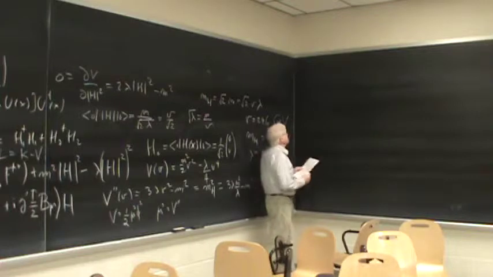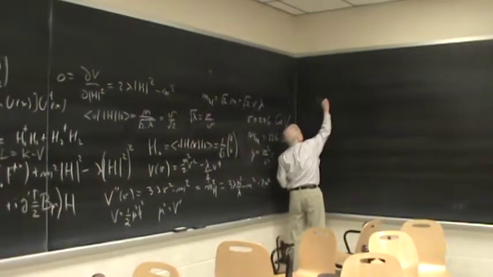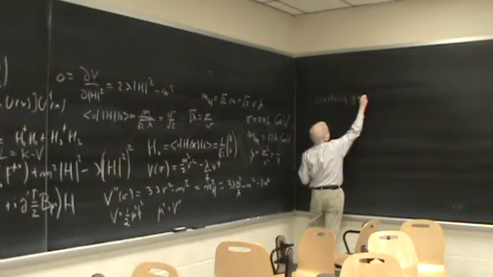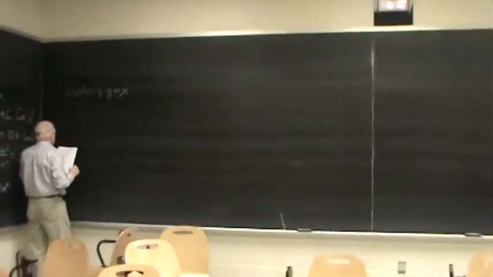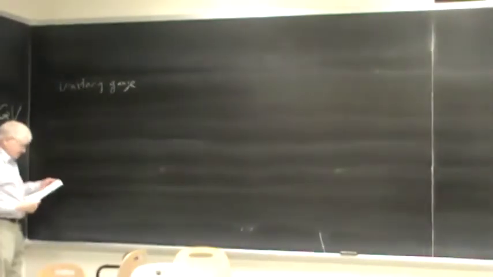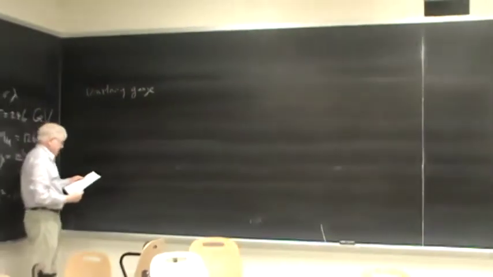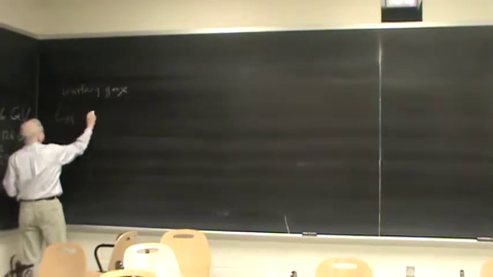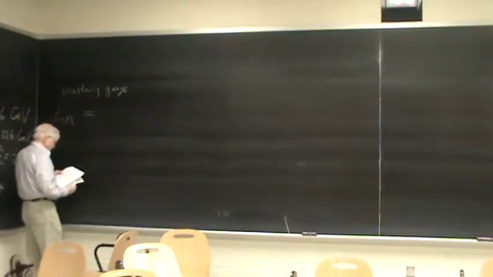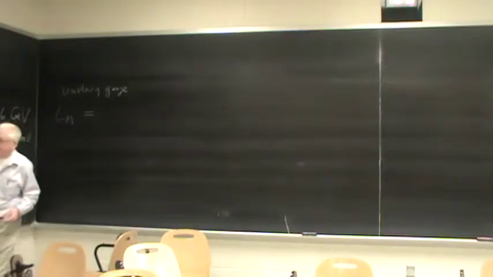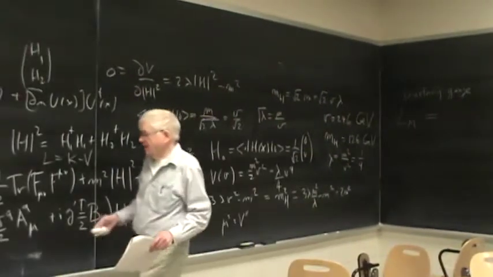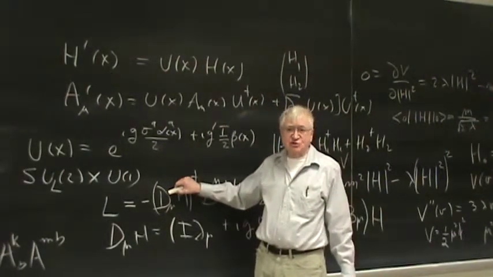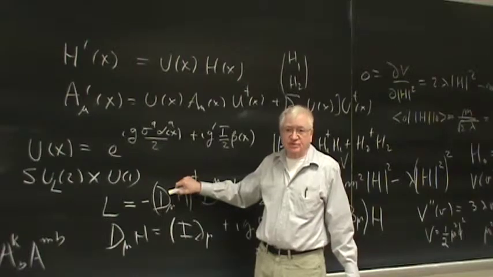Okay, so now let's stay in unitary gauge. And of course, after spontaneous symmetry breaking. And so what are the mass terms for the gauge bosons? All right. Well, of course, they come from this term, where you replace h just by 0, v over root 2.